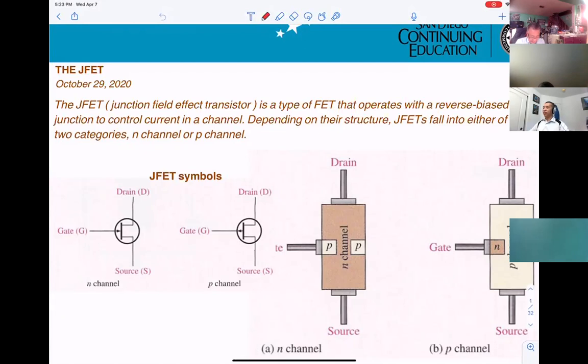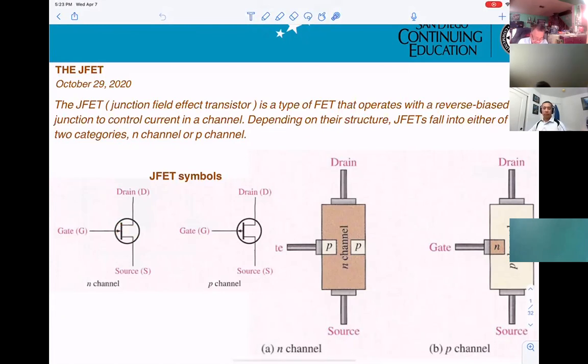Okay, so basically you get two different types. One will be an N-channel, and the other one will be a P-channel. For the N-channel, the arrow you can see will be pointing in.